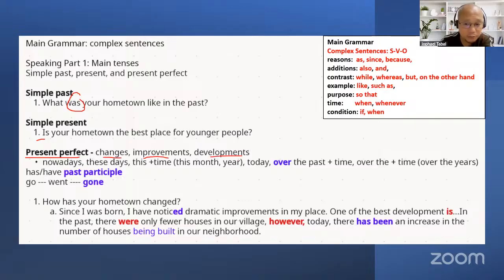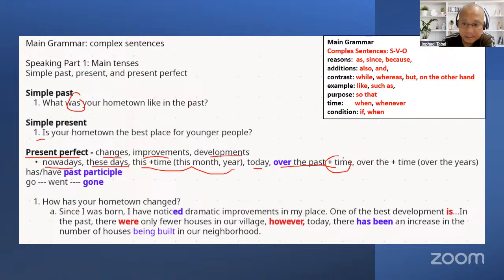Now the clue that you need to pay attention to, where you have to use your present perfect, is the words here, for example, nowadays, these days, this month, this year, today, over the past 20 years.